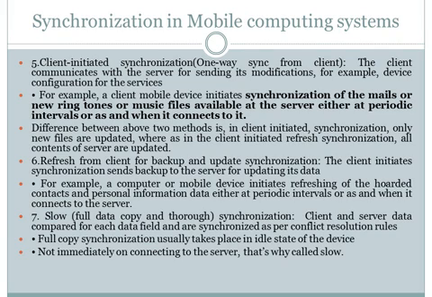Then we have refresh from client for backup and update synchronization. In this, whenever the client wants to backup its data, for example, let's say the battery levels are low for a client device, then the client decides to backup its data. Then the client will initiate synchronization and sends backup to the server.